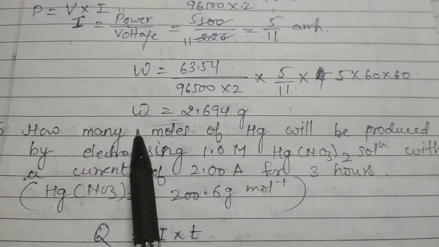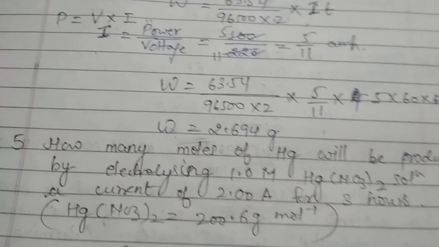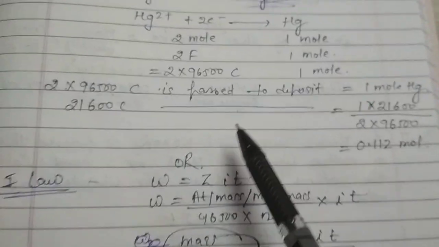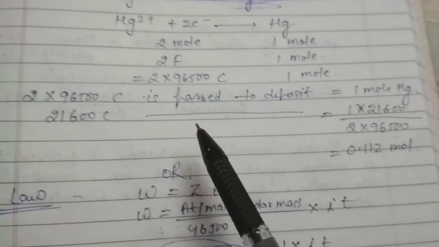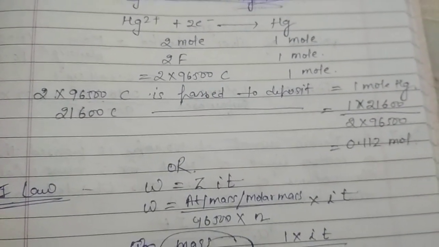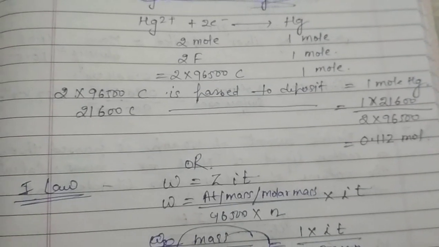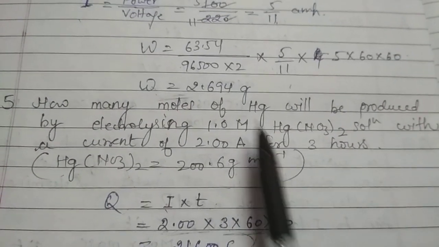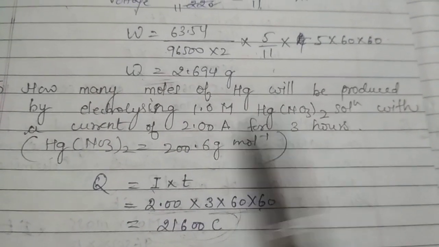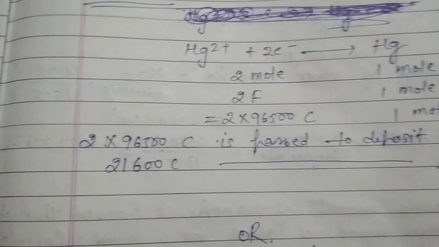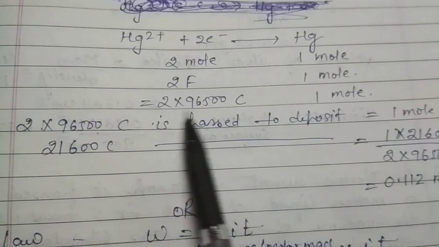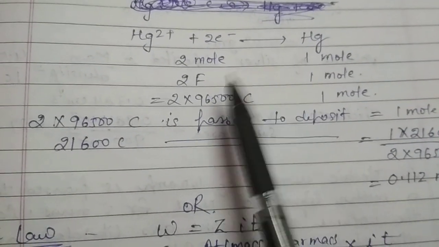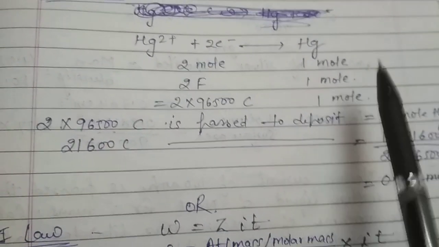As in the question we have been asked for how many moles, first we'll calculate for 1 mole, and thereafter the number of moles for the full process, since we are providing 21,600 Coulomb, because we have calculated the charge that we have provided to the electrolytic cell. So 2 into 96,500 Coulomb will produce 1 mole of Hg.